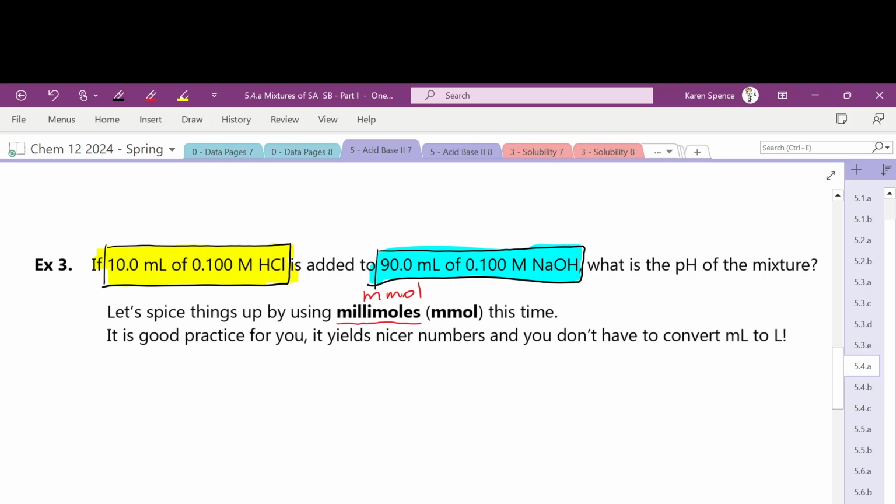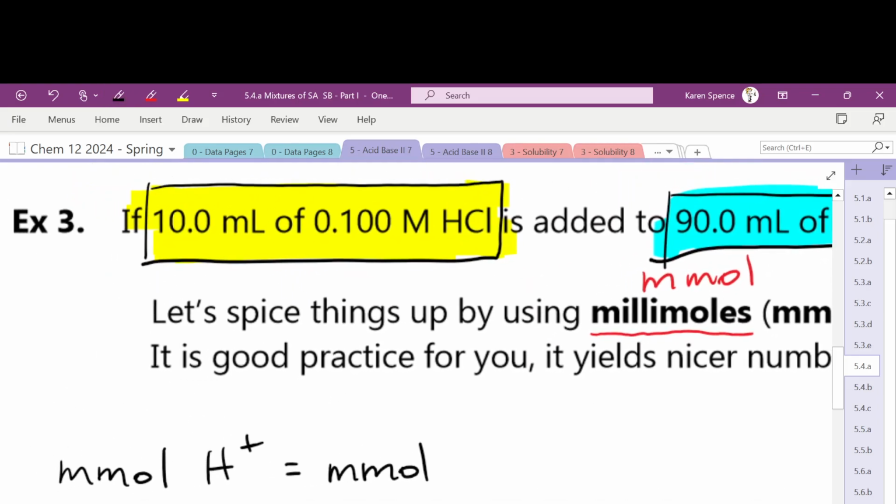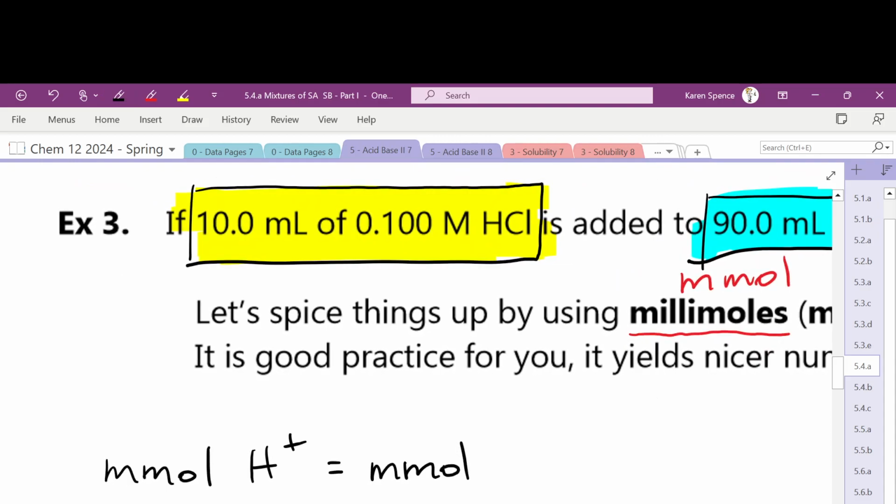Now, if you remember what we did on the previous page, we found the moles of H and we found the moles of OH, okay? This time we're going to find the millimoles of H. And that's going to be equal to the millimoles of... where is the H coming from?